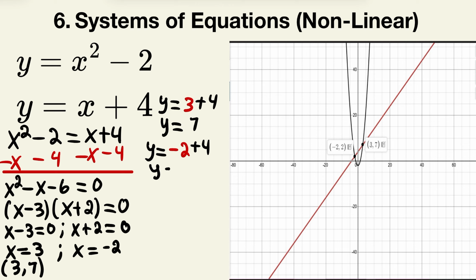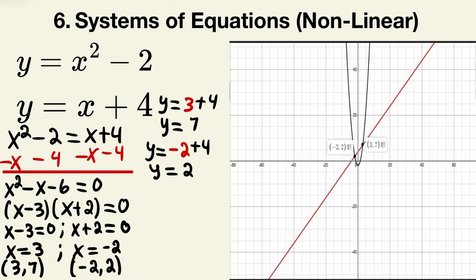That means y equals 2. Okay, so our point is (-2, 2). All right. So the points of intersection are, as you can see here, (3, 7) and (-2, 2).